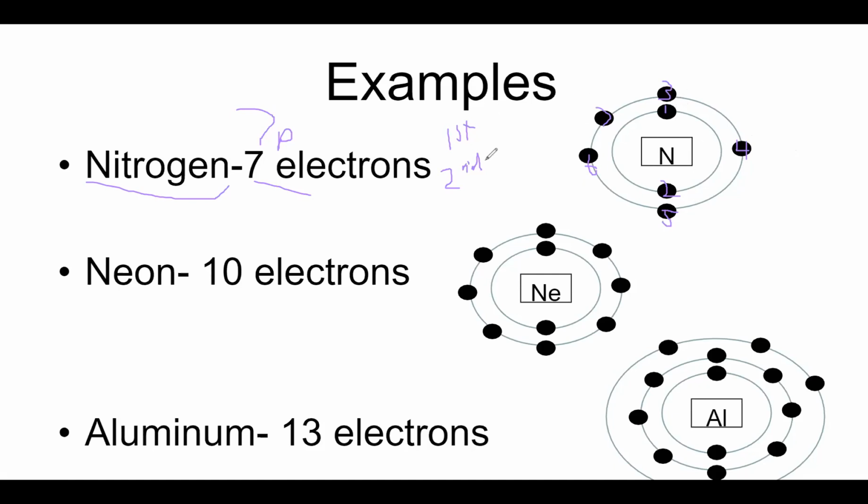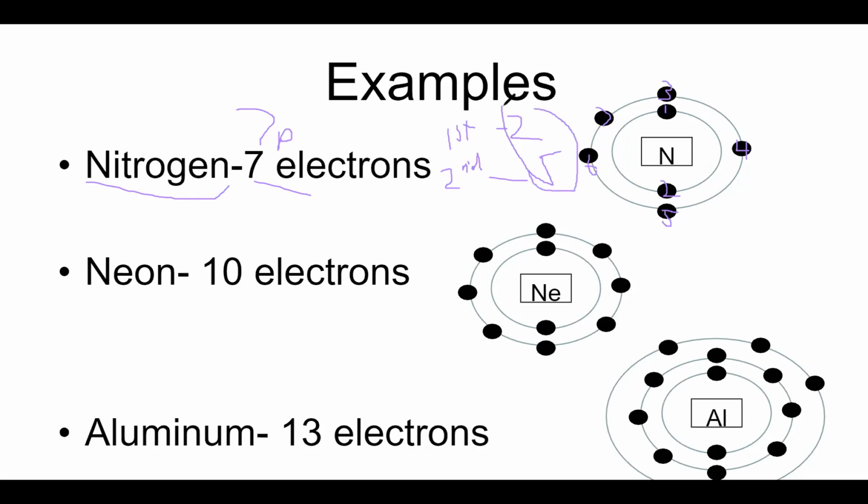So if we count up how many electrons are on each shell, we know that our first shell was full, which means it has to have 2 electrons on it. And then our second shell got the leftover electrons, numbers 3 through 7. So he's got a total of 5 on it.